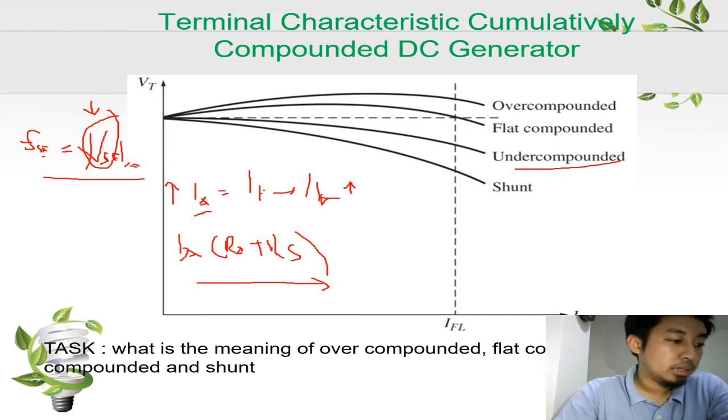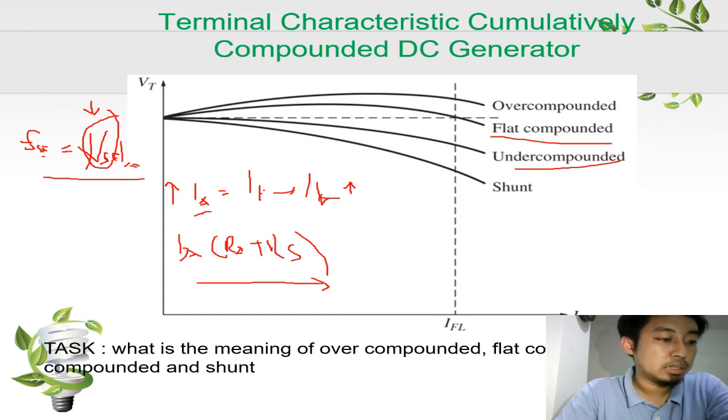And then we have flat compounded, which has more series turns. If there are a few more series turns of wire on the poles, then at first the flux strengthening effect wins, and the terminal voltage rises with the load.